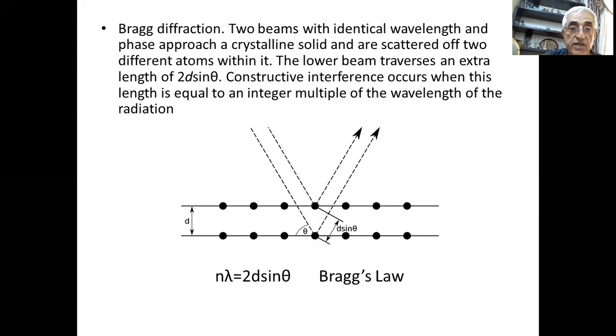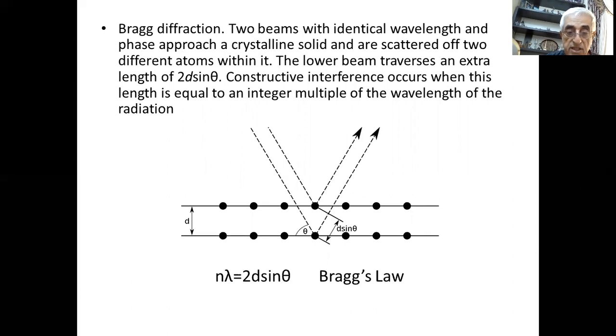Bragg diffraction. Two beams with identical wavelengths and phase approach a crystalline solid and are scattered off two different atoms within it. The lower beam traverses an extra length of 2d sine theta, as shown in the graph. Constructive interference occurs when this length is equal to an integer multiple of the wavelength of the radiation.